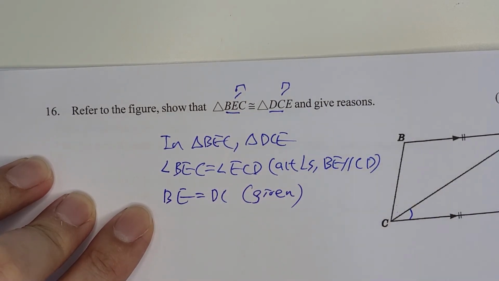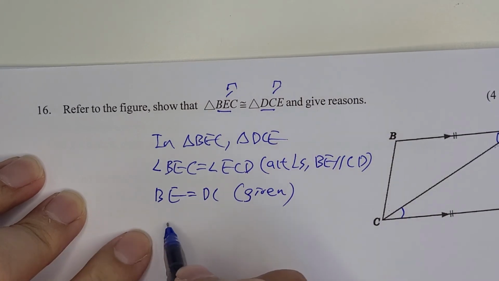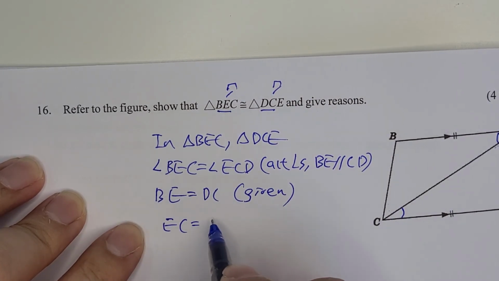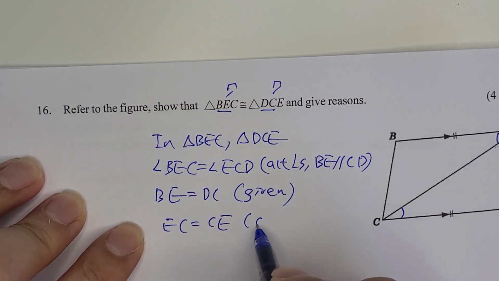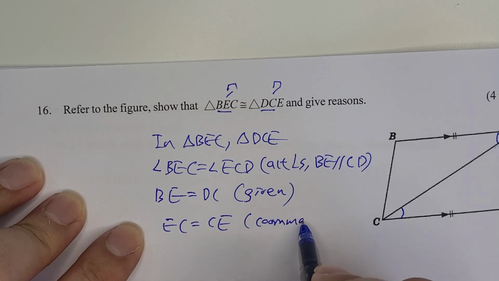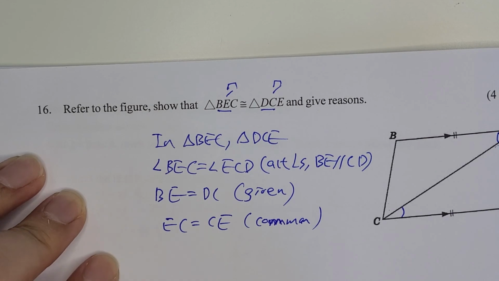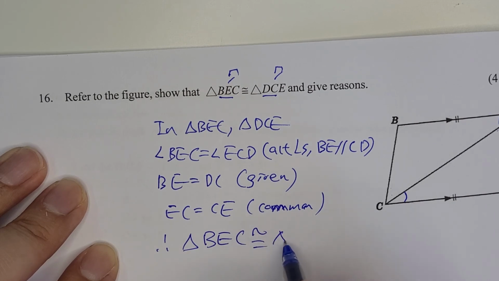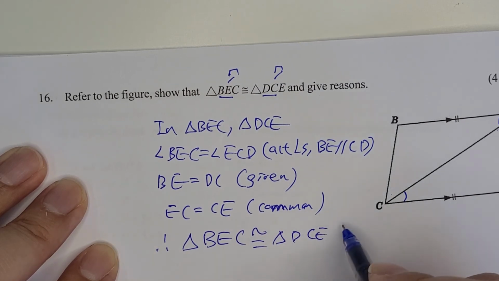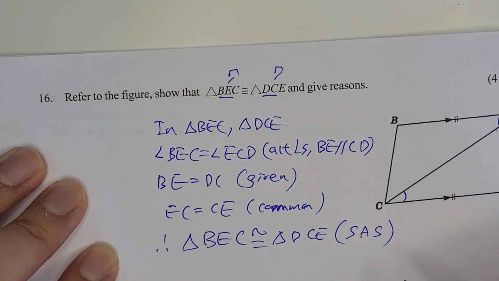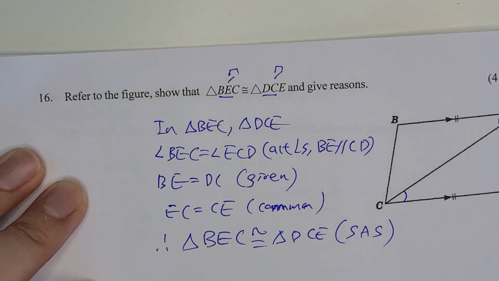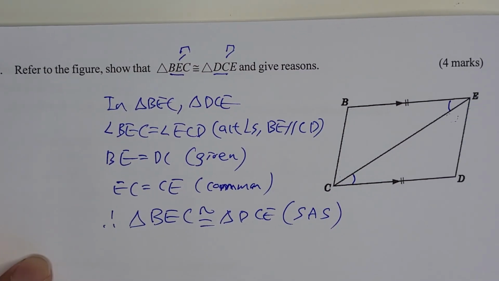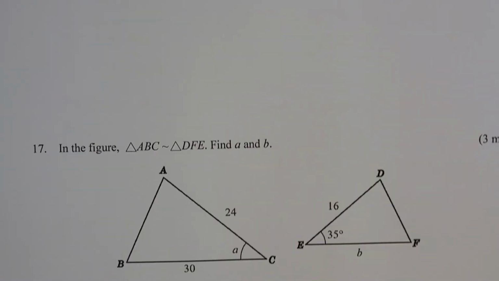And the third one, EC equals CE, they are the common line. Therefore, you can conclude triangle BEC is congruent to triangle DCE. Reason: SAS. That's it.